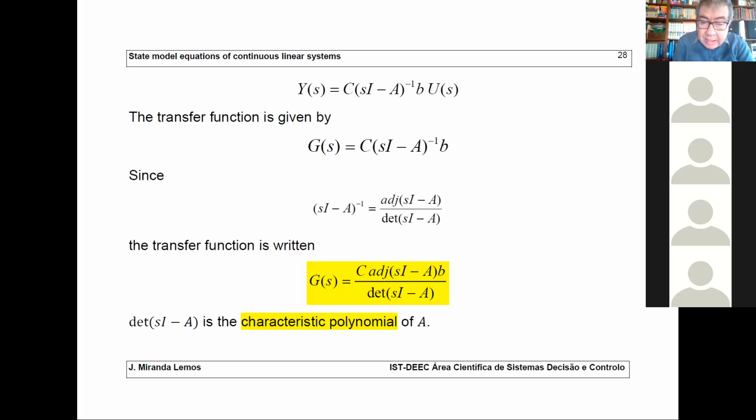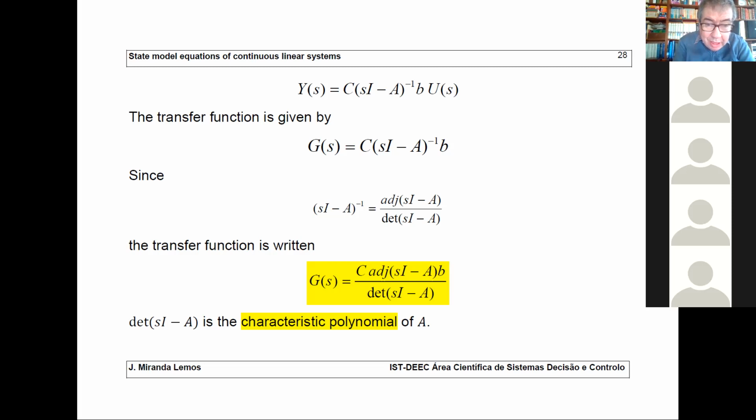That is why we say that for a system to be asymptotically stable, all the poles have to be on the left-hand side, because then you have the exponential of minus something, which decreases and goes to zero. So the transients are dying out.